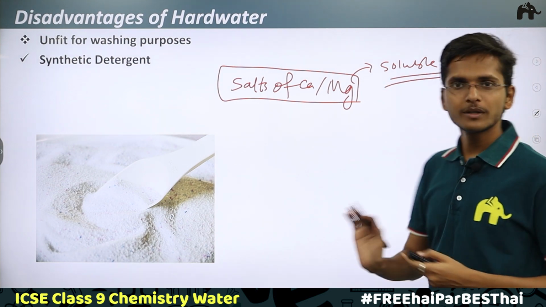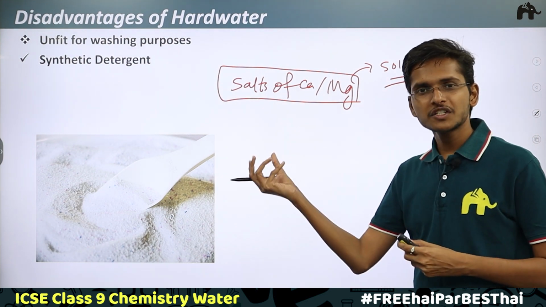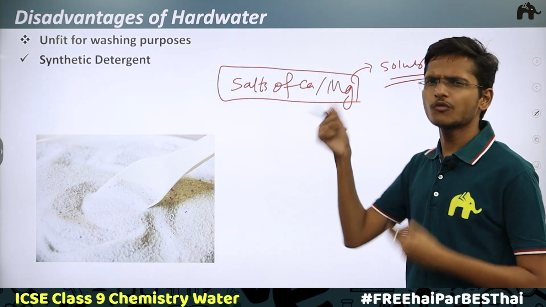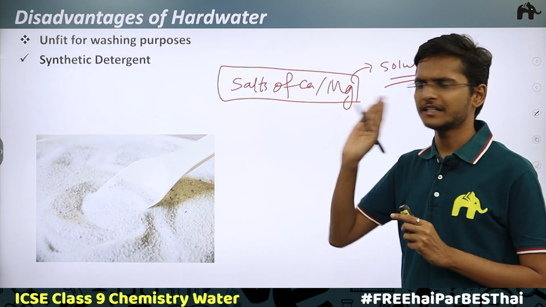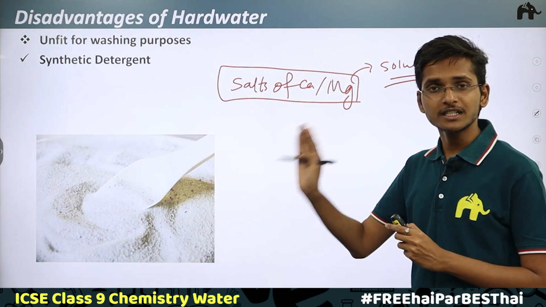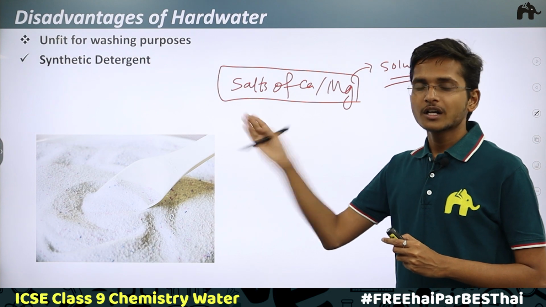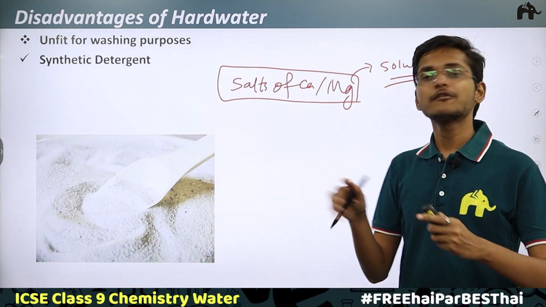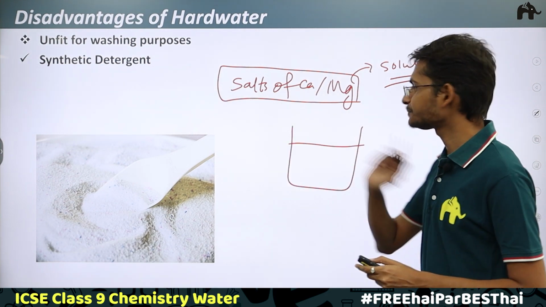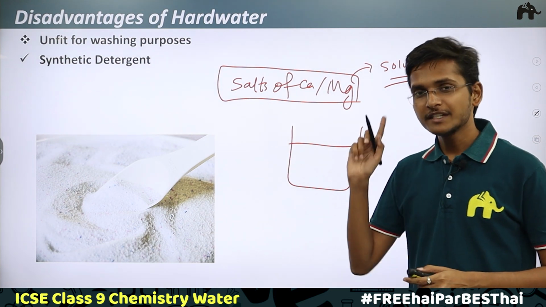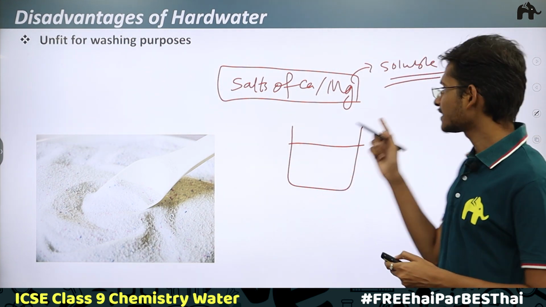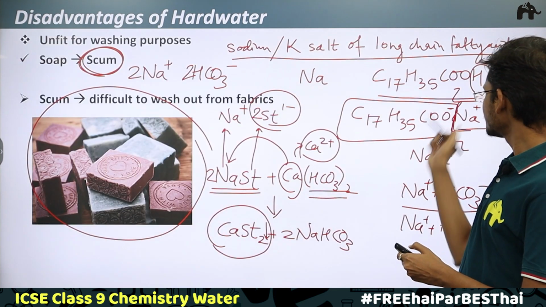Since it is soluble, whatever negatively charged part is there in this salt, that negatively charged part would now be free in the water, and we need that negatively charged part, right? Like in the case of soap, we need this negatively charged part.